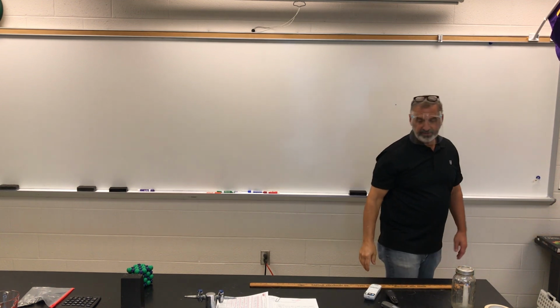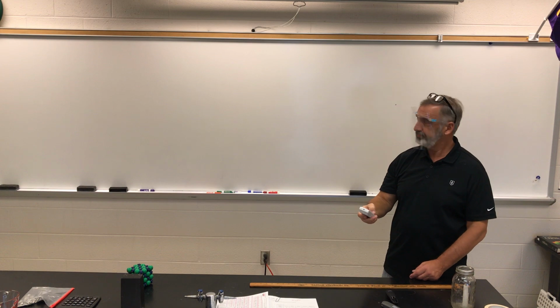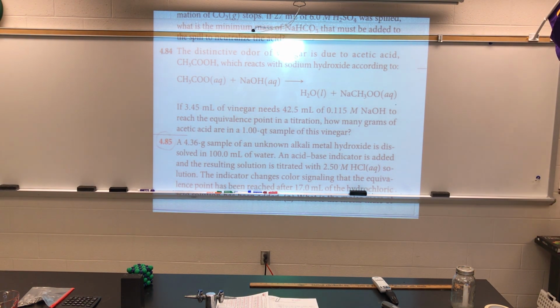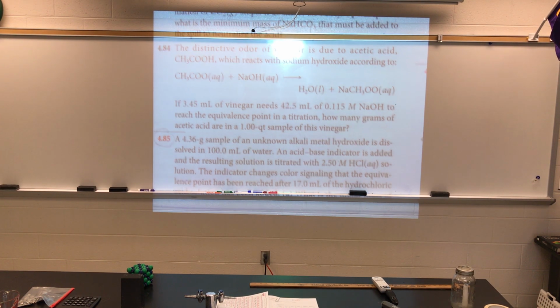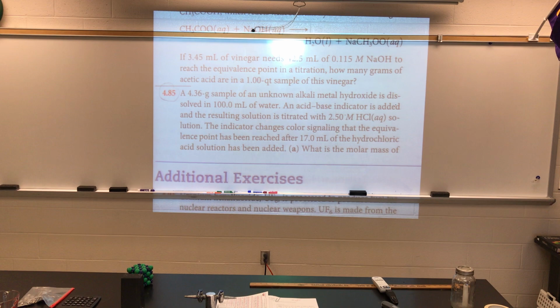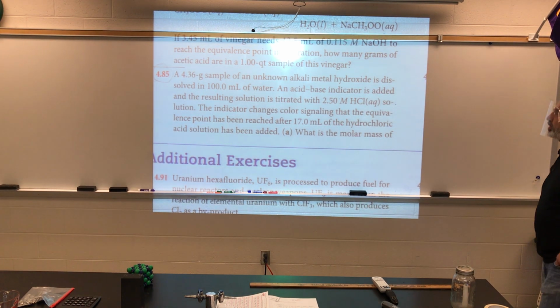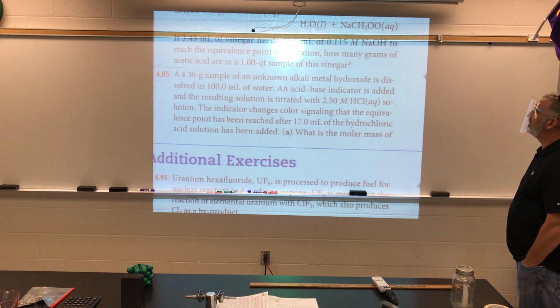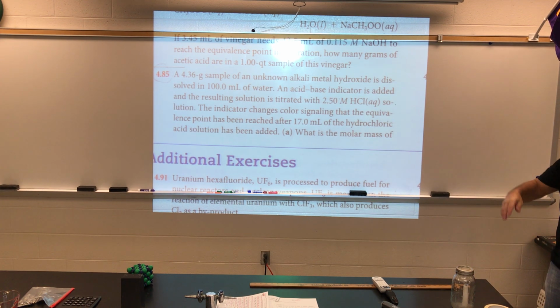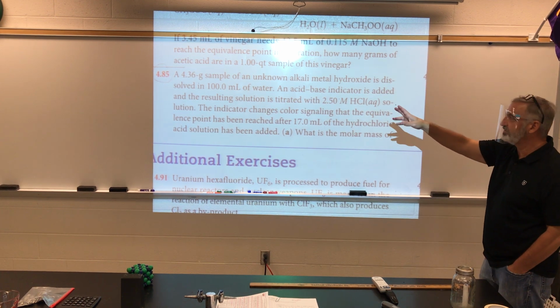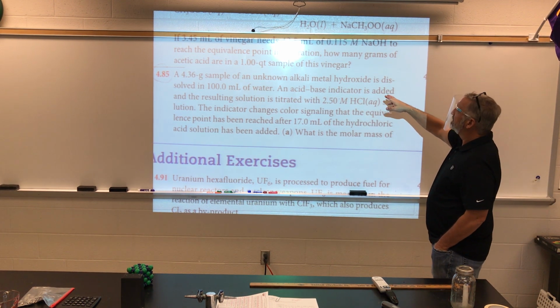Let's look at the next one. It kind of goes up onto the next page, on the next column, I should say. It says a 4.36 gram sample of an unknown alkaline metal hydroxide. That means lithium hydroxide, sodium hydroxide, potassium hydroxide, some alkaline metal hydroxide, is dissolved in water.